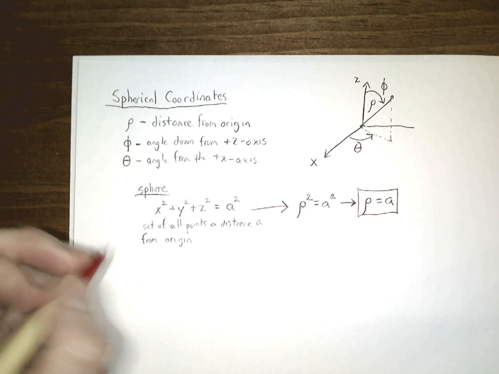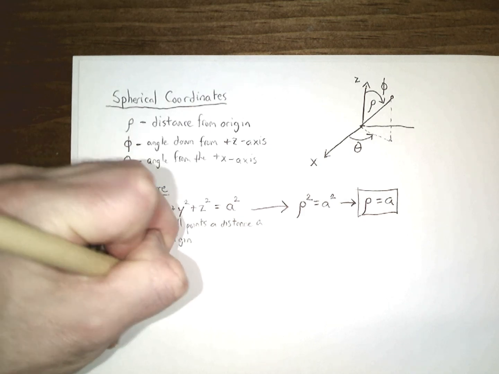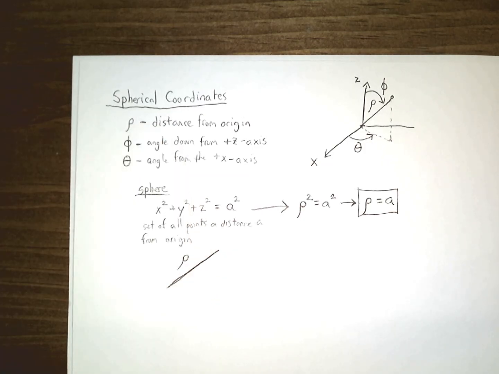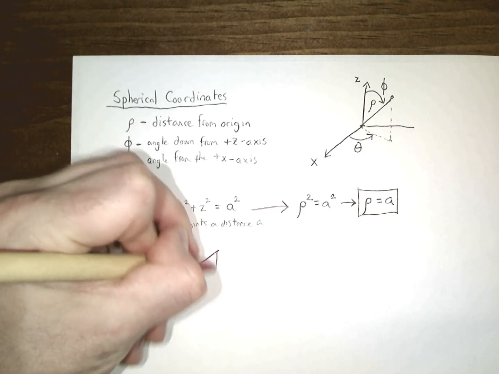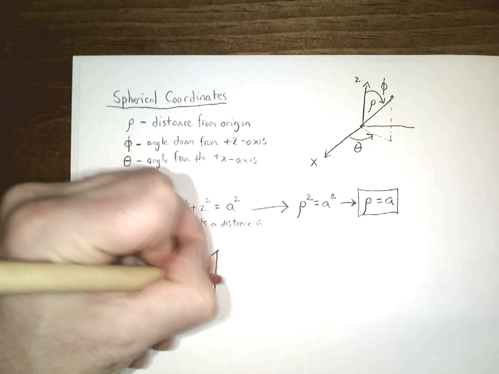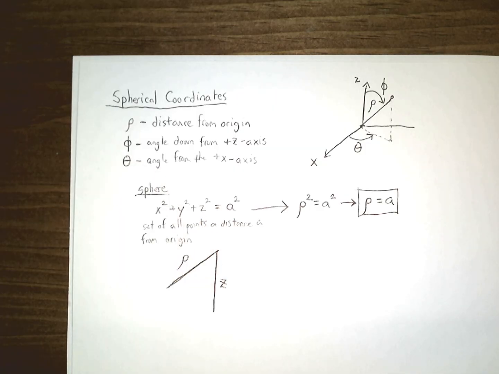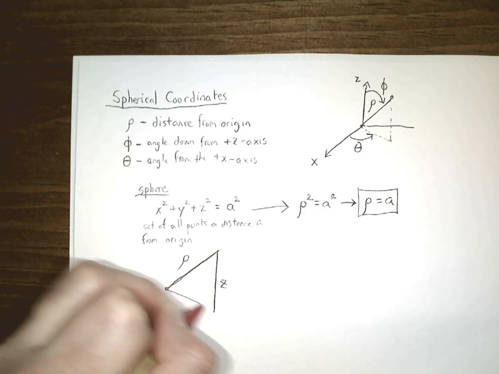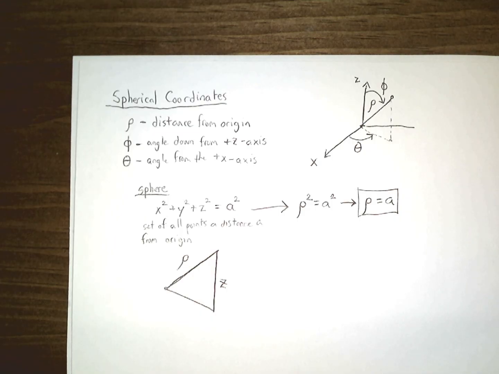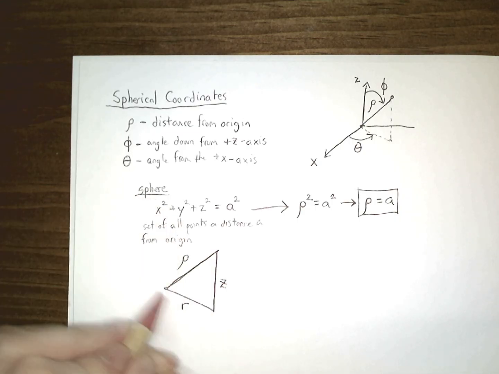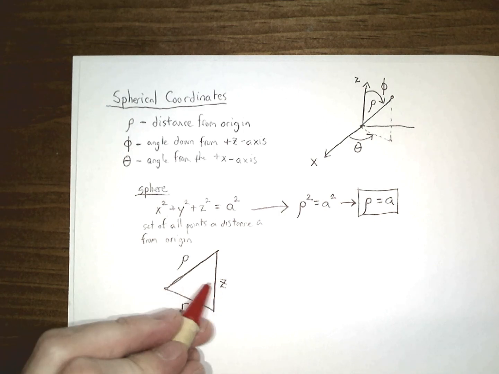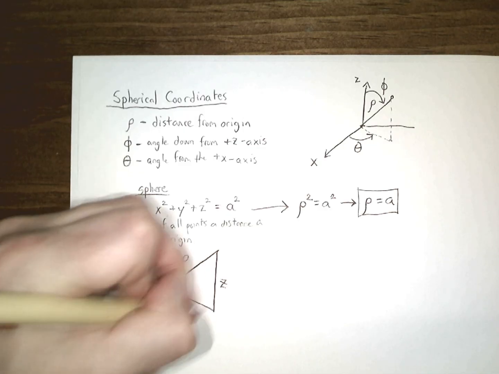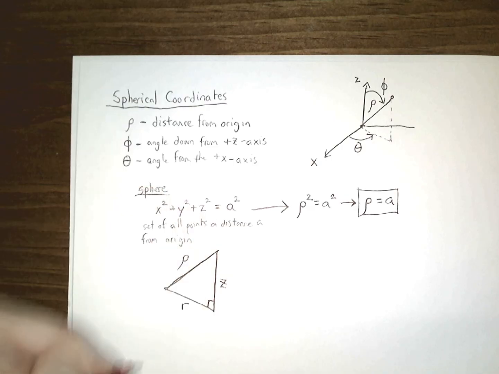If we want to do some conversions, we should first draw a special triangle to help us out here. This represents our hypotenuse rho. There is a vertical distance down that is going to represent z, the distance above the xy plane. And then there's this distance r from the origin out to the shadow of our point in the plane. So this r and this z are cylindrical r and z, and they're related to this new coordinate rho in the following way. r is perpendicular to z.